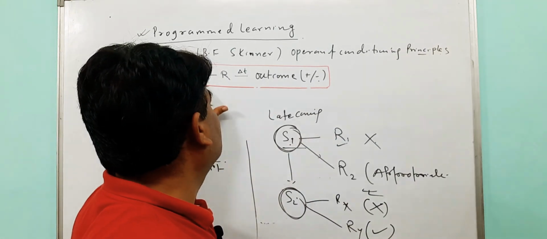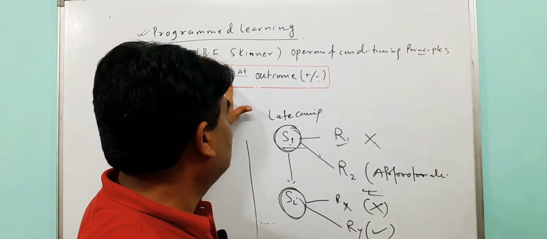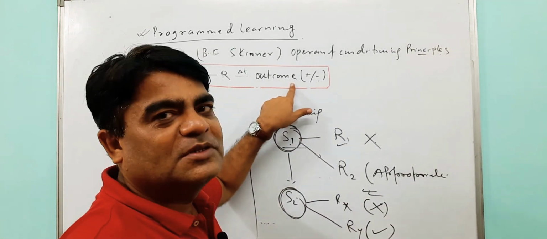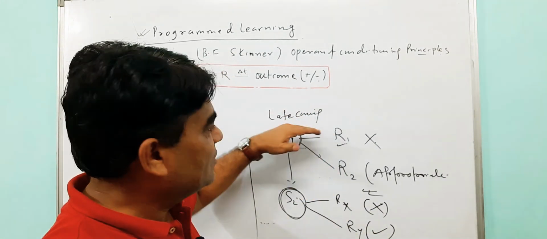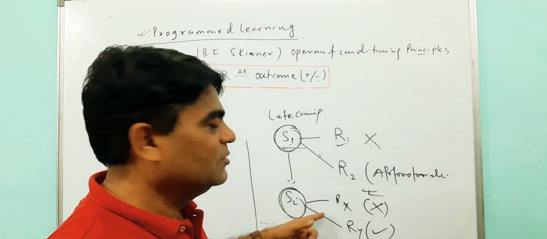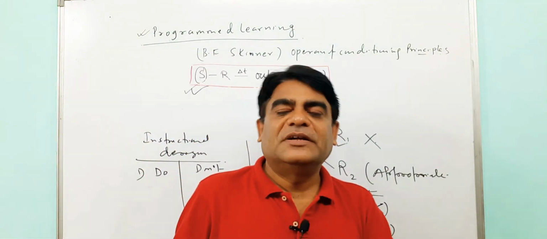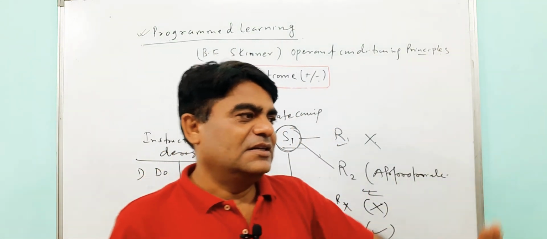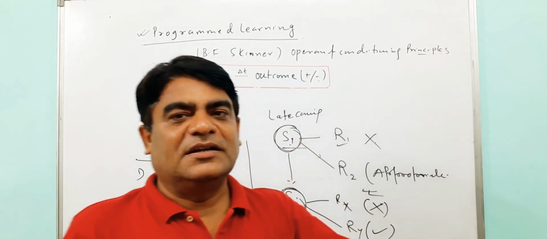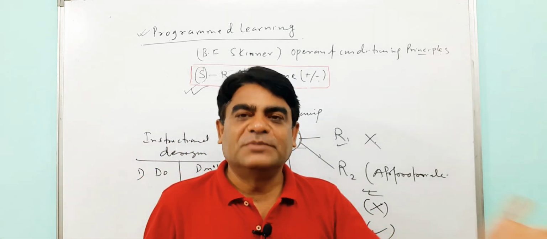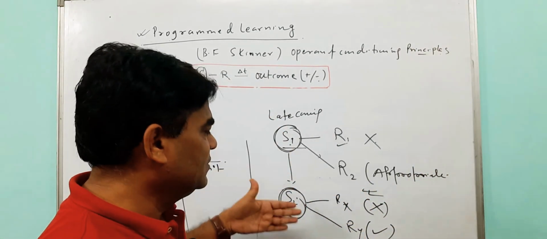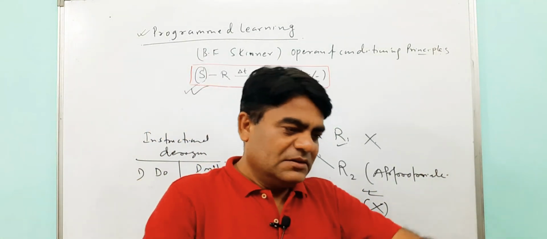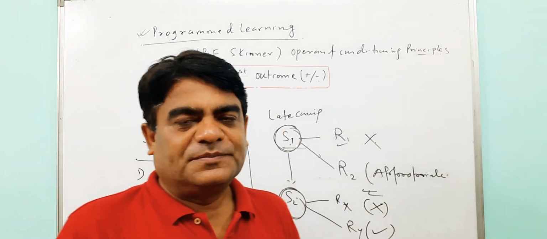See this: stimulus, response, immediately your outcome should come, and that should not be reinforcing. And if possible, a more appropriate response should be connected. Then very soon the person learns in what way this could be channelized and what response should be given. So with R3, R4, S1, S2, S3 like that, you can design a program.